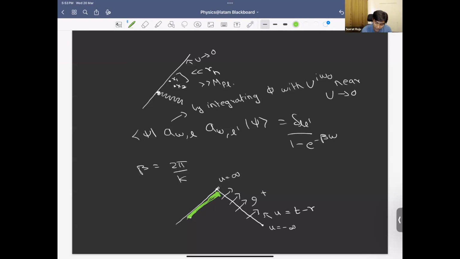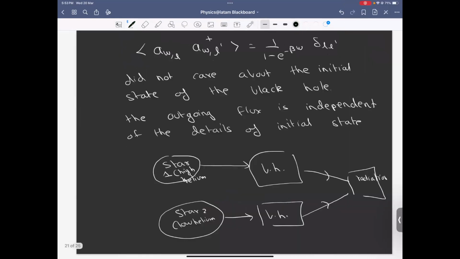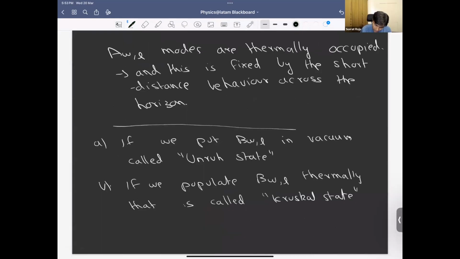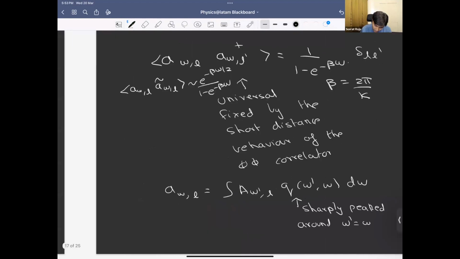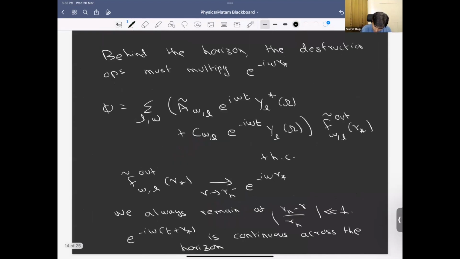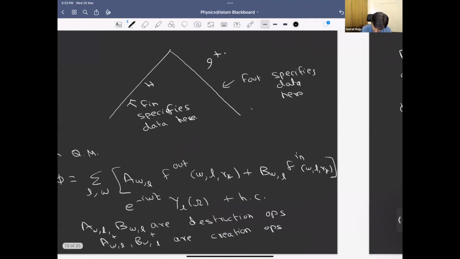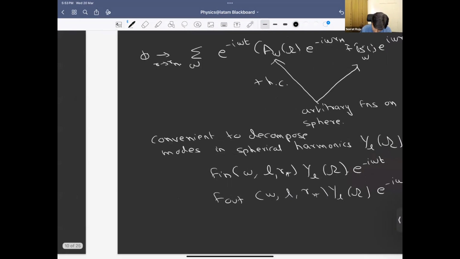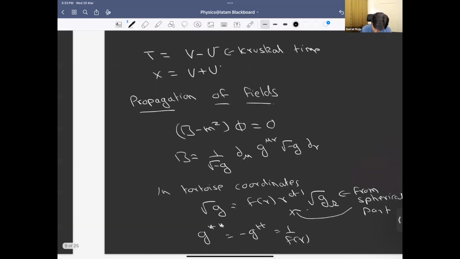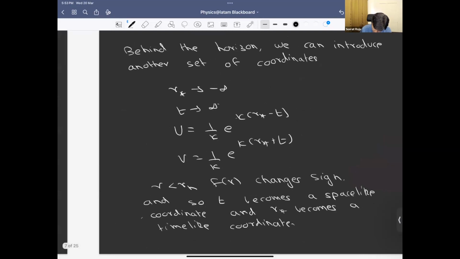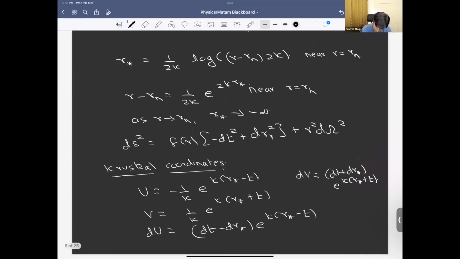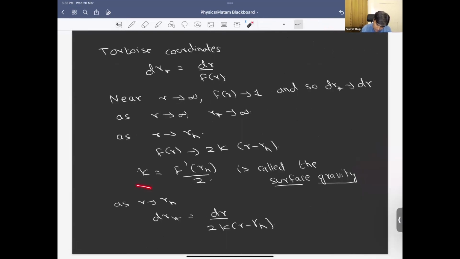No, kappa is defined as f prime r by 2. Okay, so I think I defined it here. It's not coordinate dependent. It's part of the metric. I can write it again, but I think I defined it. Right.